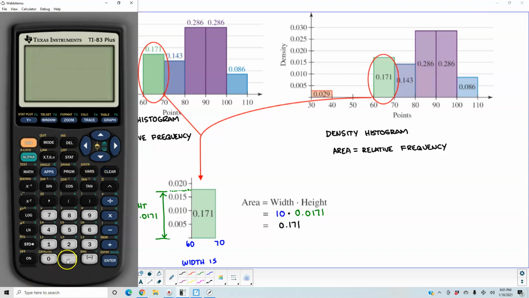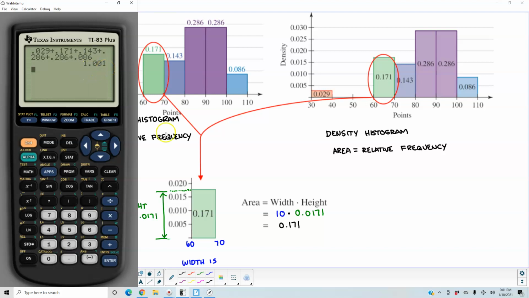Okay, so we have 0.029 plus 0.171 plus 0.143 plus 0.286 plus 0.286 plus 0.086. And that gives us 1.001.